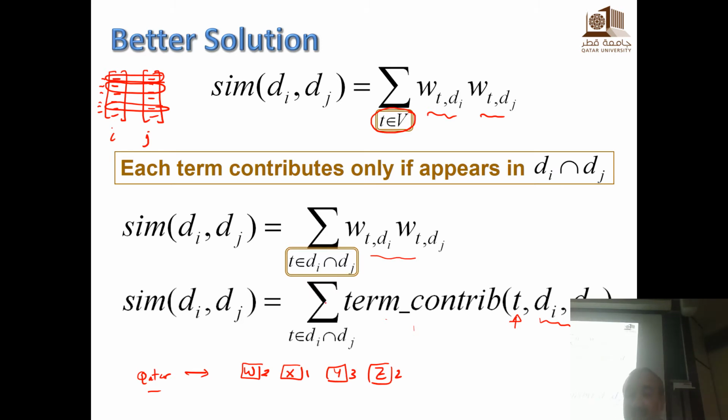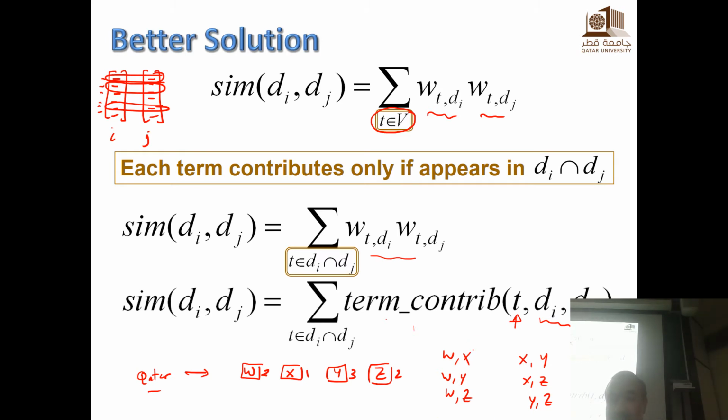Yes, because this posting list means that Qatar appeared in W and X, right? So it will contribute to the pair WX. It also appeared in W and Y, and W and Z, and X and Y, and X and Z, and Y and Z.